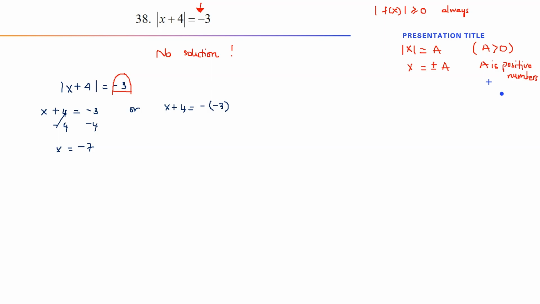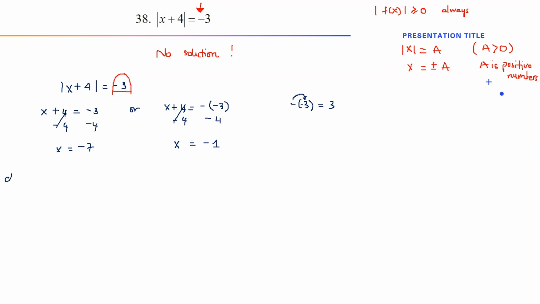For this one, we have minus 4 on both sides, x equal negative 3. We distribute the negative in front of the parentheses inside the parentheses, so 3 minus 4 is negative 1.